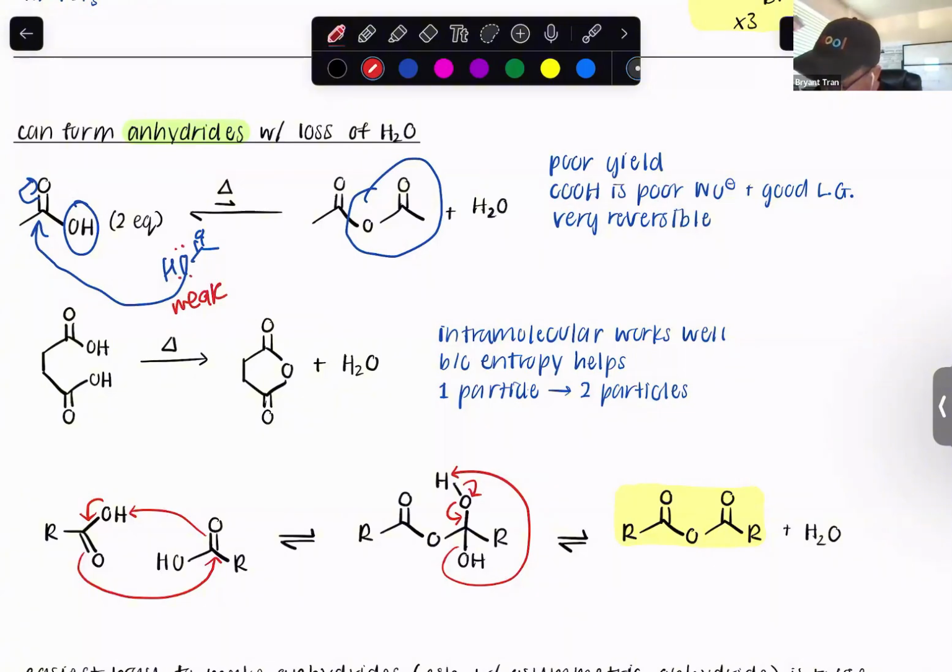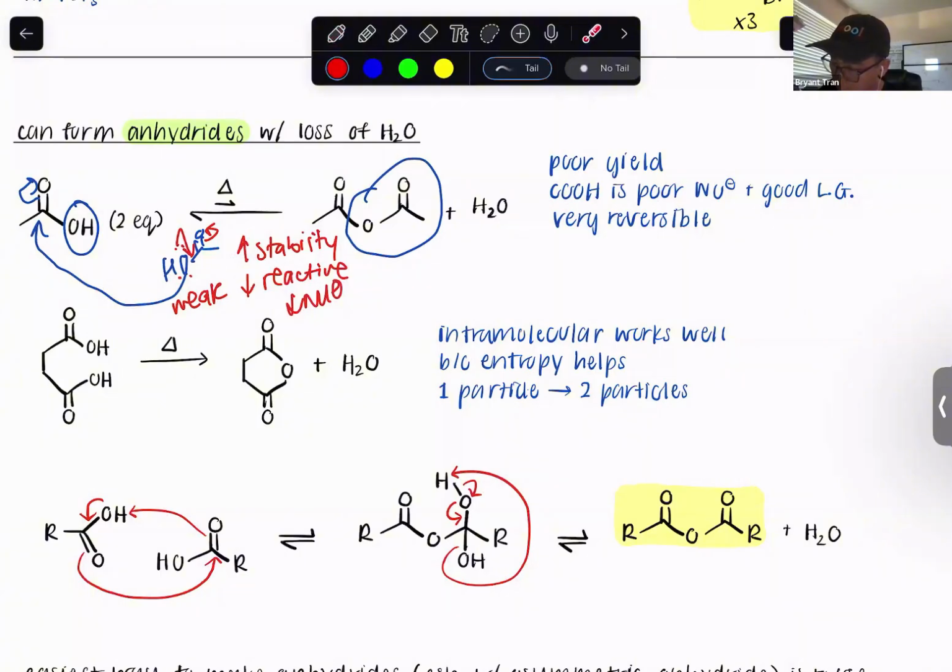And the reason why this is a weak nucleophile is because this oxygen here with the pair of electrons can do resonance with the carbonyl right there. And because it could do resonance, that increases the stability of the structure. And because it's more stable, it's less reactive. And because it's less reactive, it's a weaker nucleophile. So that's why it's going to be in poor yield.